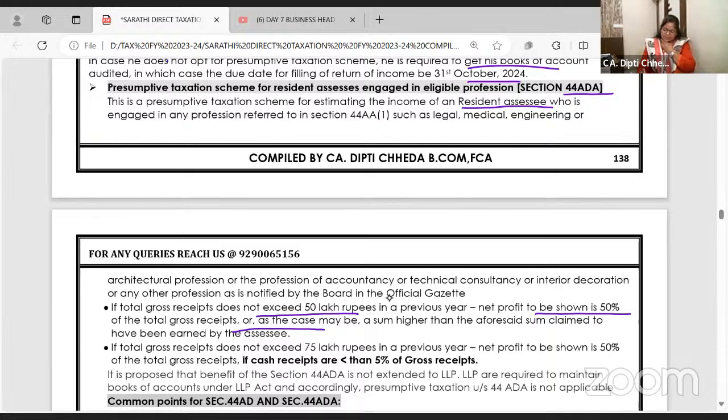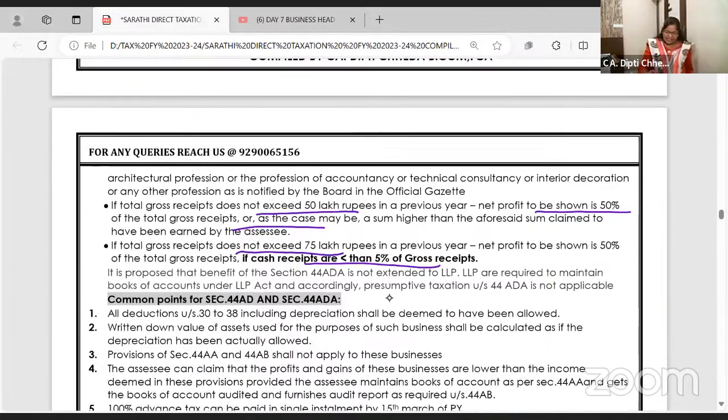Right? Here also, if the cash receipts are less than 5%, then from this financial year, instead of 50 lakhs, up to gross receipts 75 lakhs also, they can go for presumptive taxation, provided 95% of their receipts are in bank. Cash receipts either are not there or they are negligible.